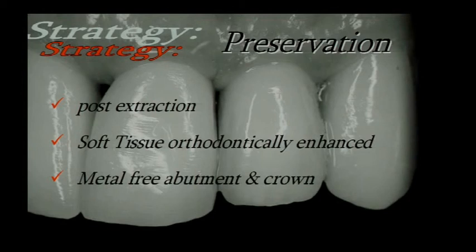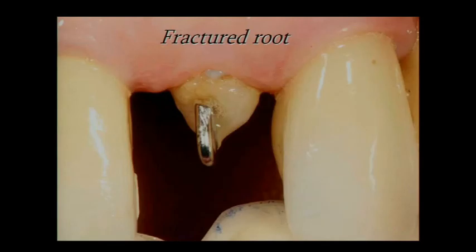The soft tissue was enhanced orthodontically by pulling the tooth, the fractured root, down by extruding it in order to gain some extra soft tissue. We want to have a soft tissue surplus, as George so nicely mentioned before me. And here we did a metal-free abutment and crown combination.